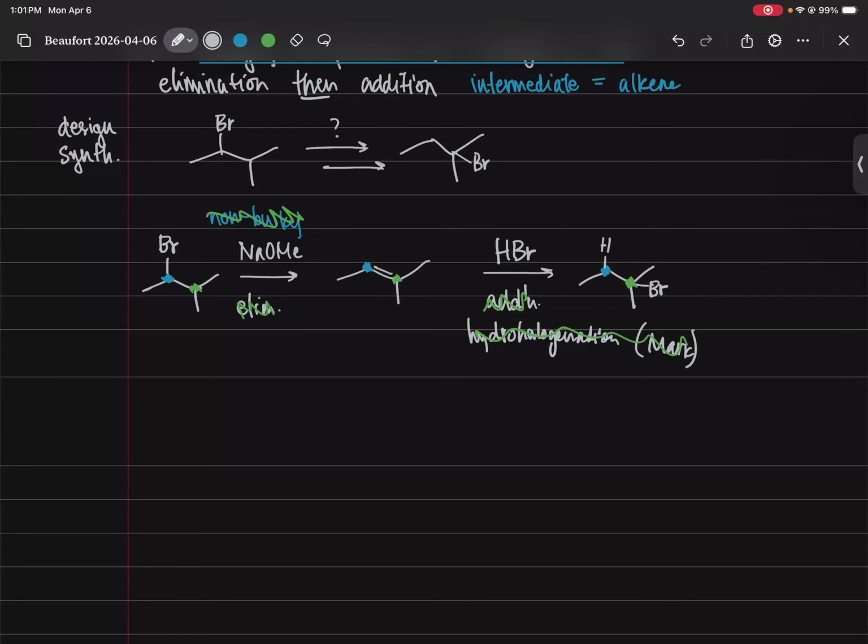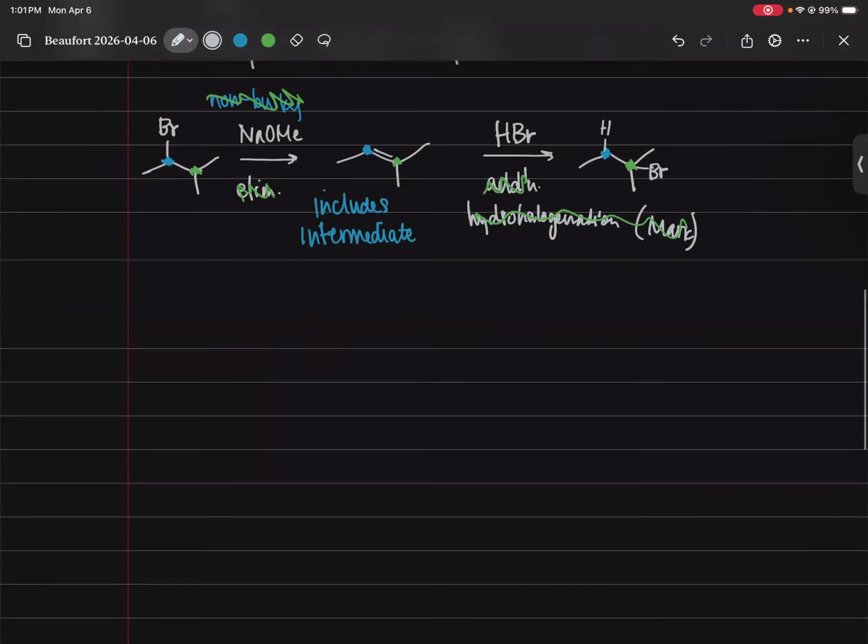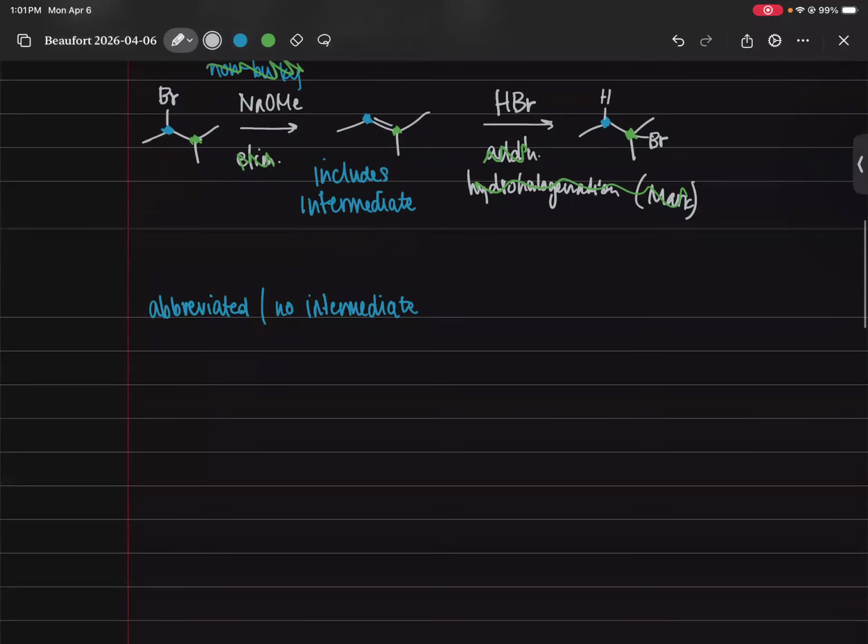So this is the full written out version that includes the intermediate. We can also write an abbreviated version that doesn't include the intermediate and shows the two steps on the same reaction arrow with different numbers.